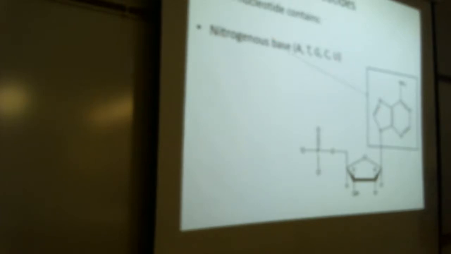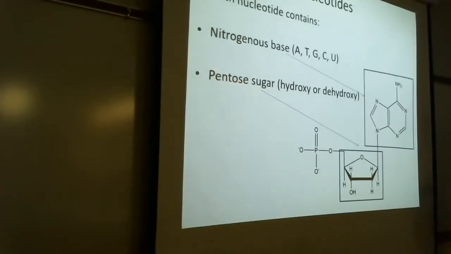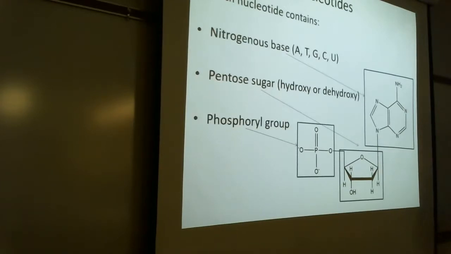Every nucleotide also contains a pentose sugar, and again, it could be a hydroxypentose or a dehydroxypentose. I'll show you what that means in just a minute, and how to tell the difference. And then every nucleotide also contains a phosphate group.